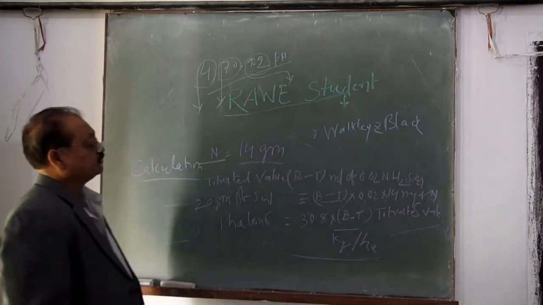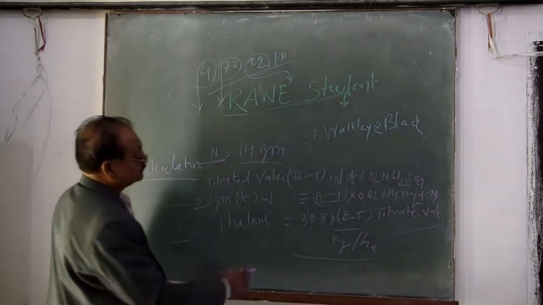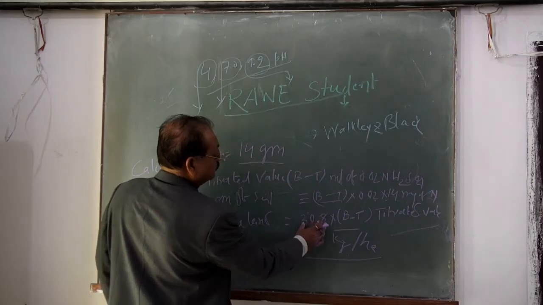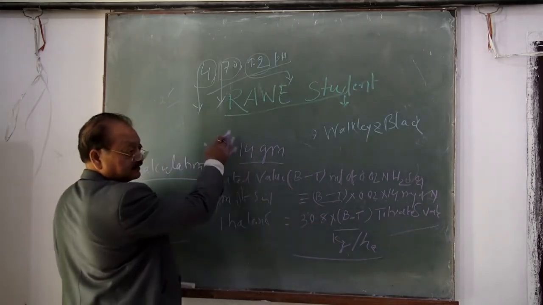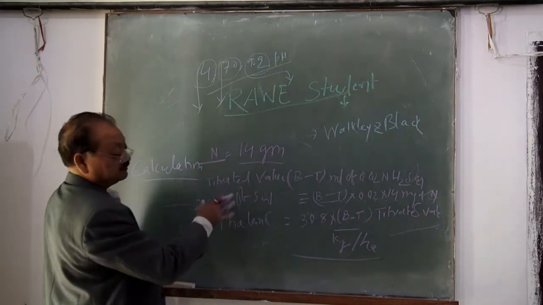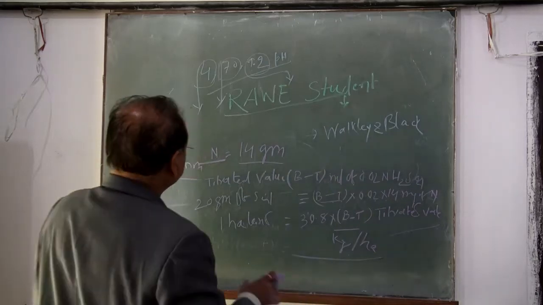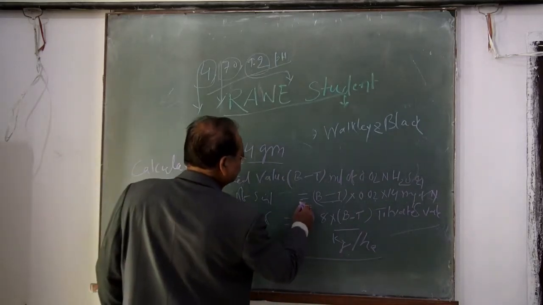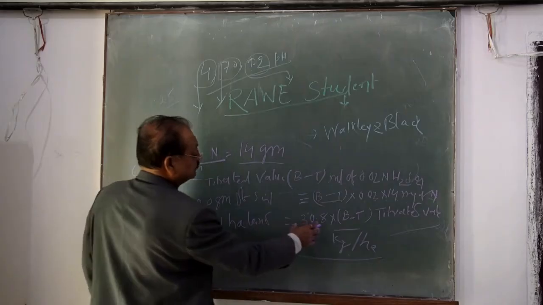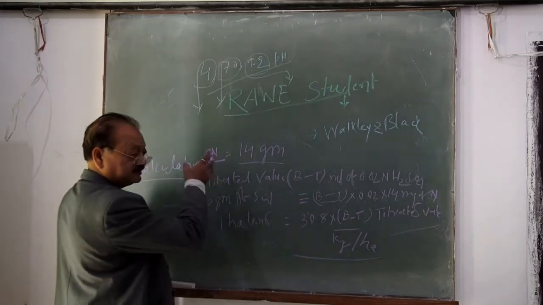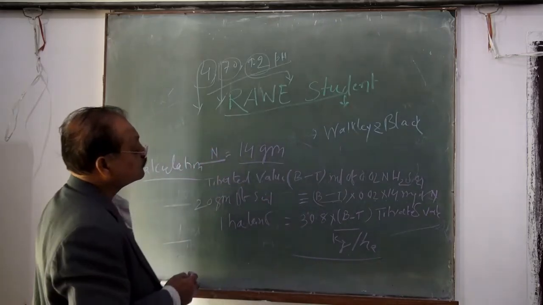So remember this factor, this 30.8. How has it come? It has come from the previous one.